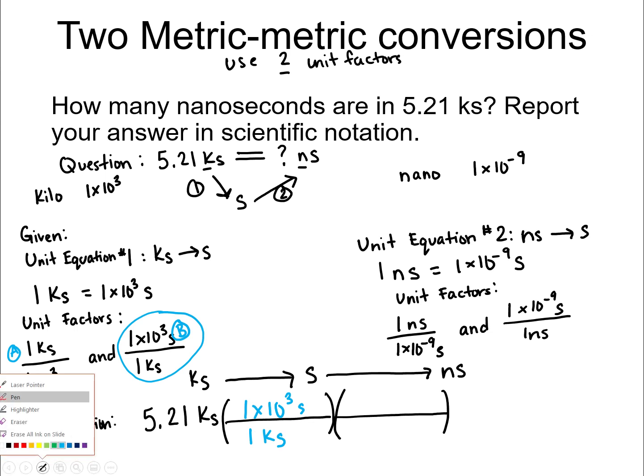Now we need to choose again. This time we're going from seconds to nanoseconds. Are we using A or B?